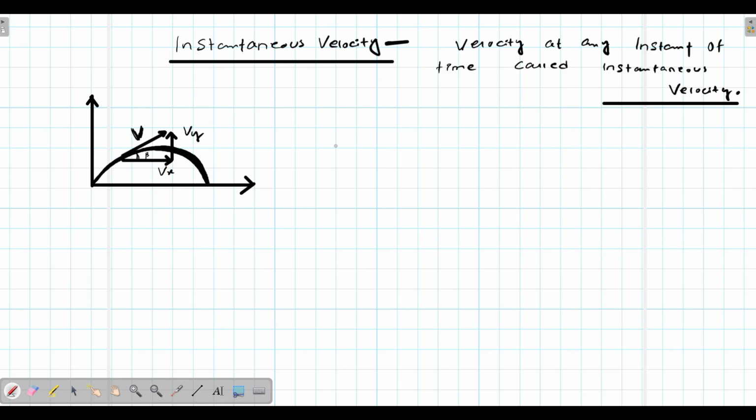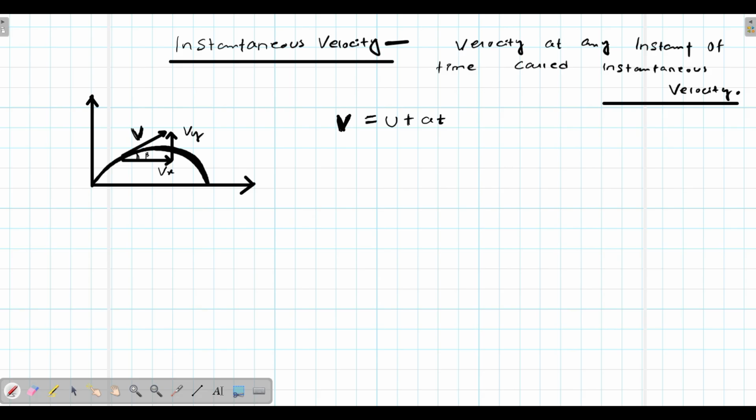Instantaneous velocity, that is velocity at any instant of time. So v equals to how much? v equals u plus at.